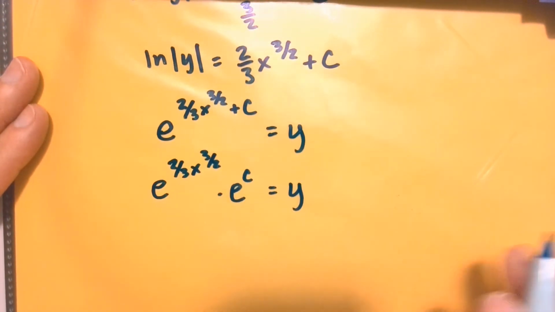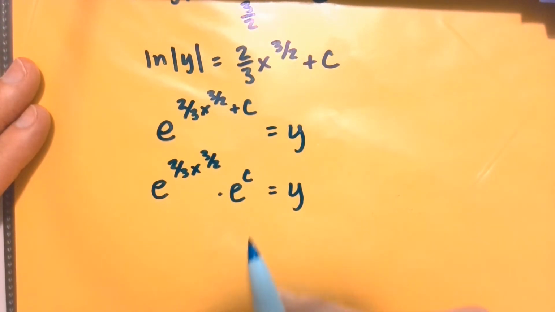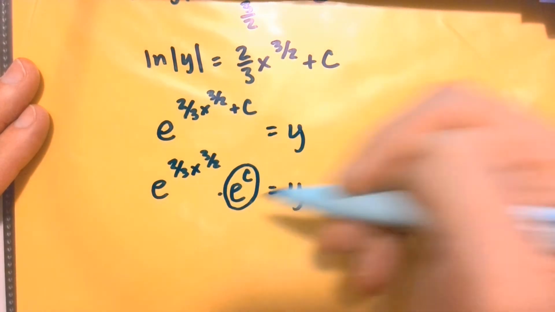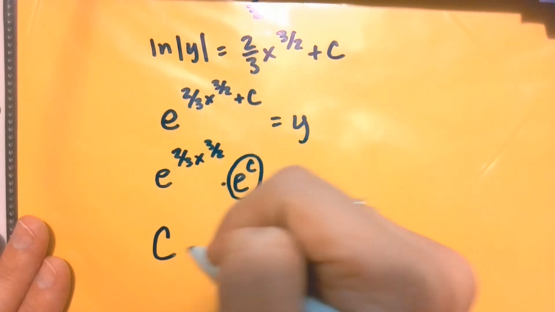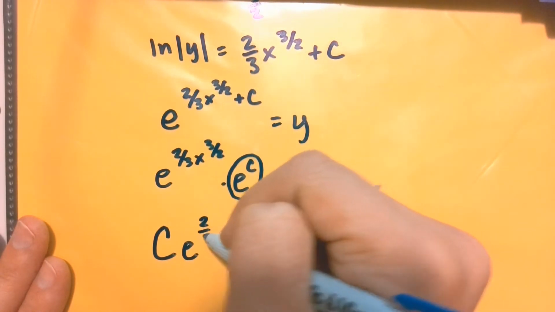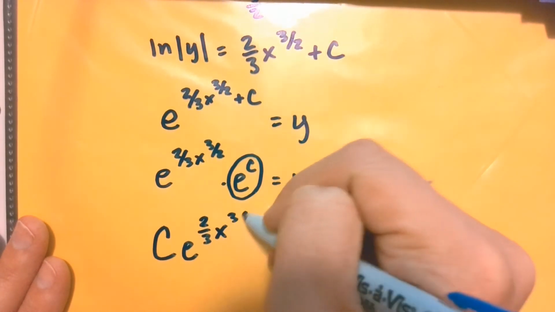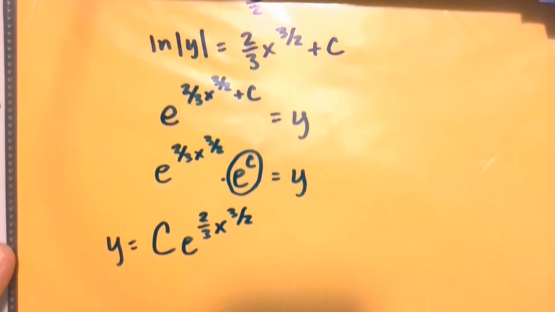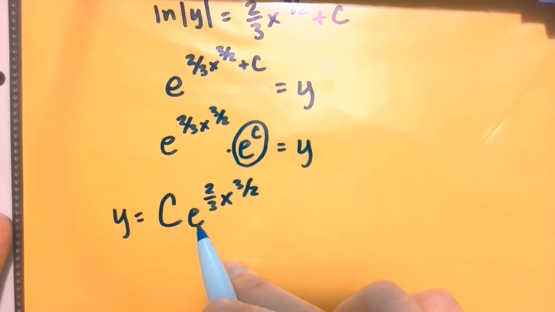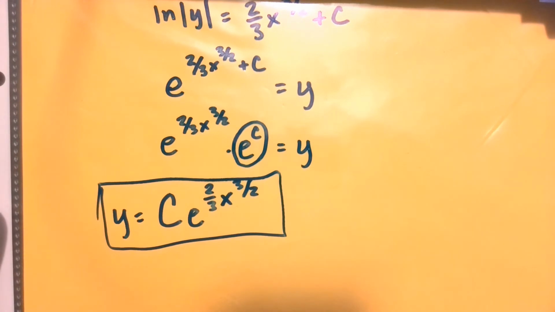And then we would just say that this e to the c is actually just a new constant, and we would go ahead and redefine this as a new variable c. So in the end, we would say that y equals c times e to the 2/3 x to the 3/2. And that is our general solution.